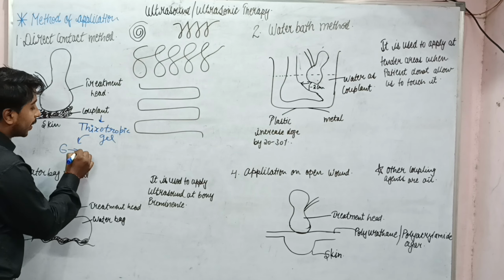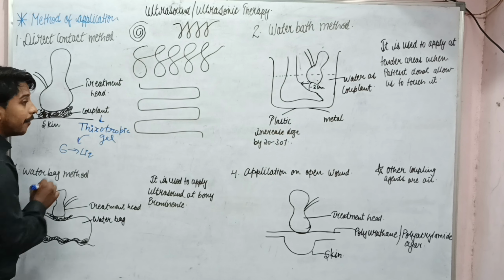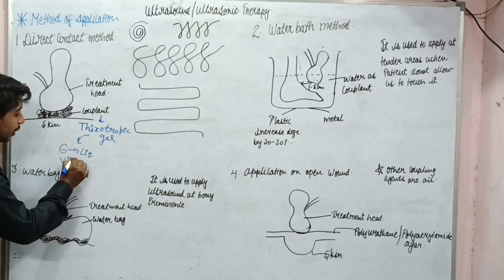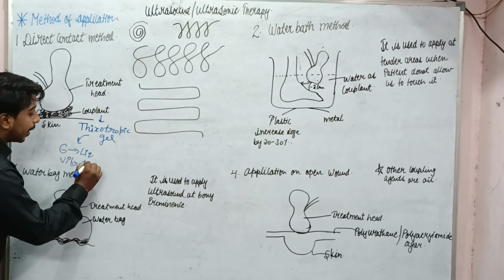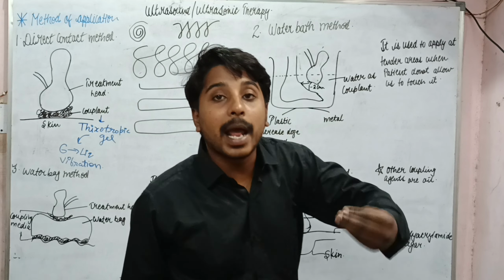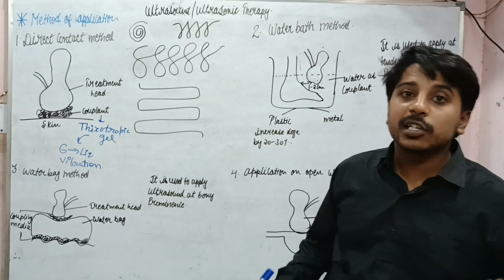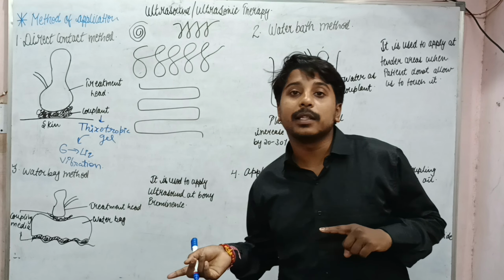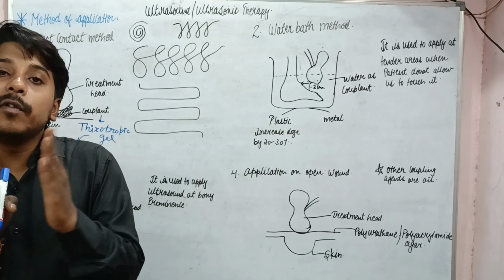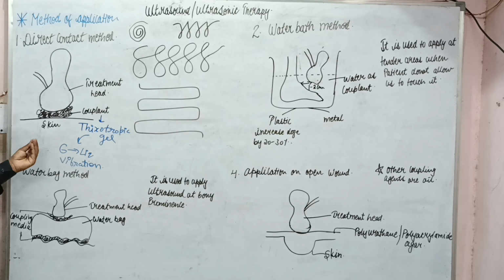So gel is converted into liquid when vibration is applied. And who is doing the vibration here? The transducer head is producing the vibration, as I have explained in the production of ultrasound. The crystal moves back and forth, which produces vibration.